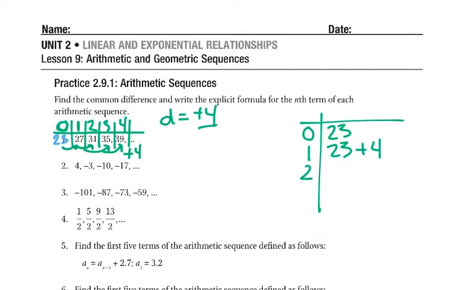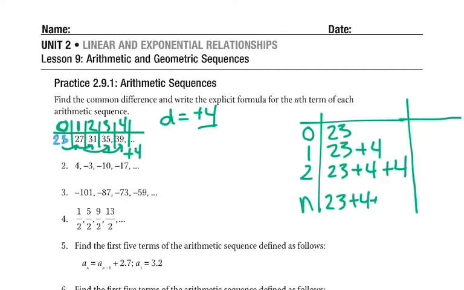The second time, we take 23 and we add 4 to it twice. Except we don't like to write it that way because we're trying to come down to the nth term. So it'd be 23 plus 4, n number of times.